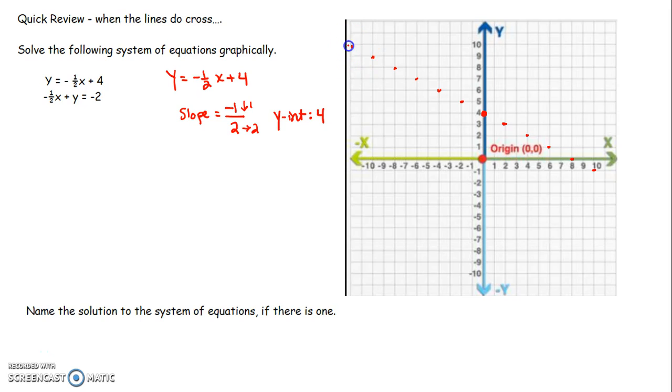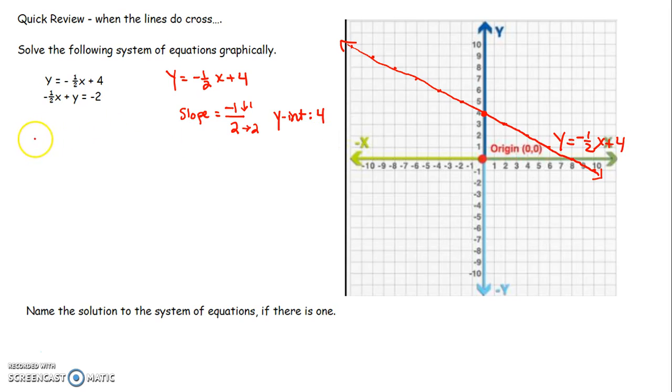Now, let's see how I can do connecting these points to the best of my ability. Not super, but it is what it is, my friends. All right, so there we have it. That's the line y equals -1/2 x plus 4.